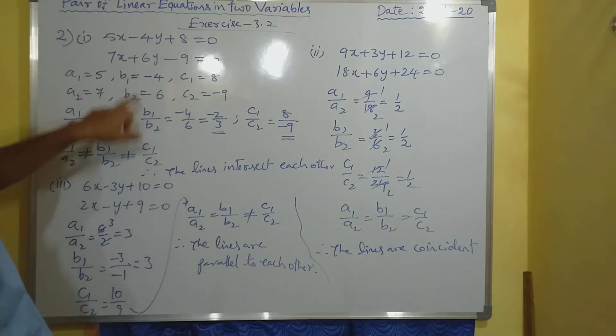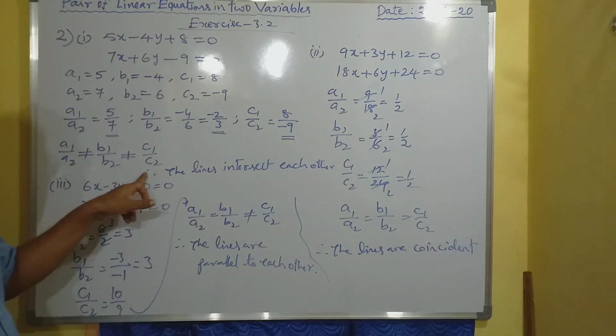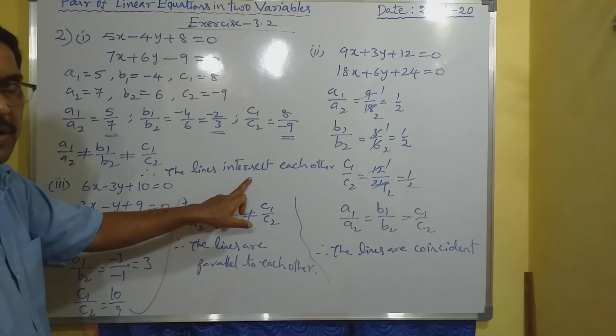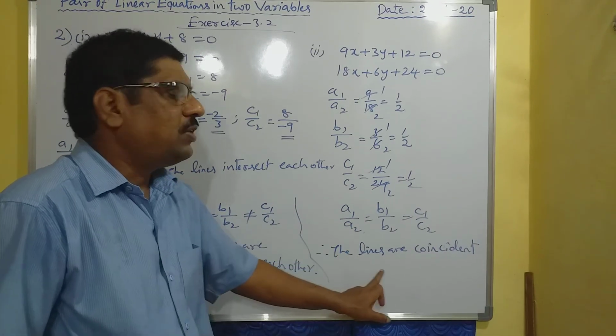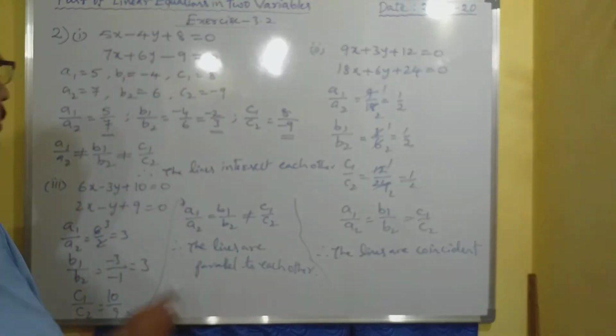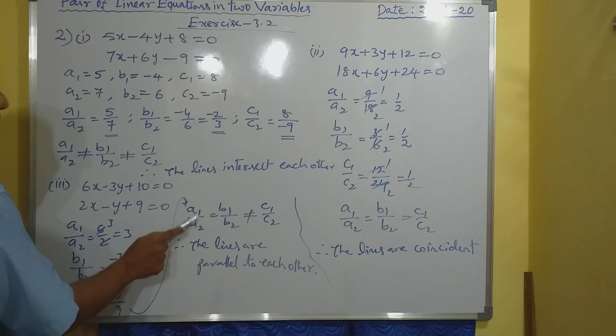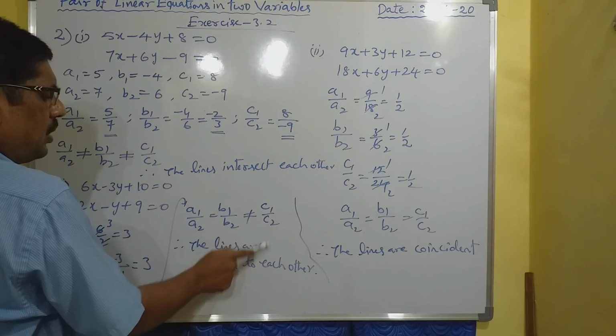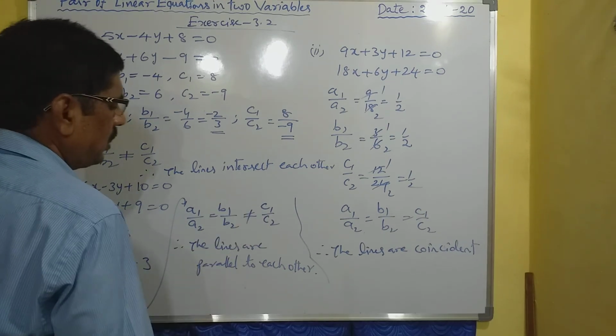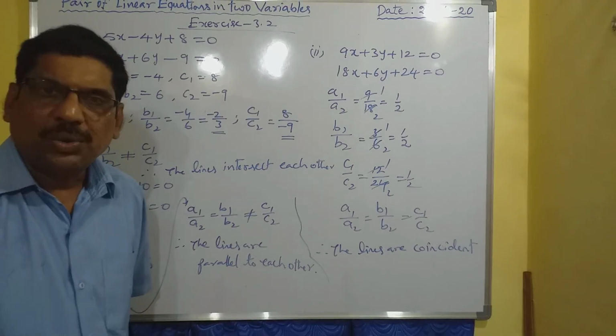If you get A1 by A2, B1 by B2, C1 by C2 all not equal to each other, we can say that they intersect. And if they are all equal to each other, we can say that they are coincident. And if the first two are equal, A1 by A2 is equal to B1 by B2 but not equal to C1 by C2, in such conditions we can say that the lines are parallel to each other.